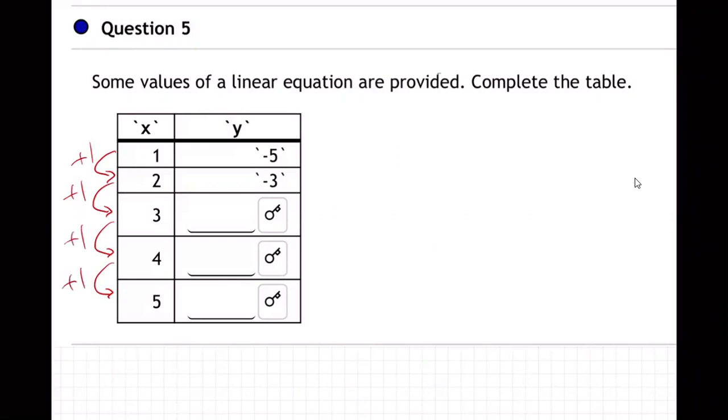So if it's linear, that means it shrinks or grows at a constant rate. That's what linear means. I think you know that, right? It means it shrinks or grows at a constant rate.